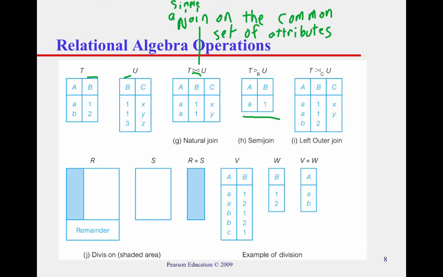So in this case, we joined T with U but only kept the columns from T. So it's a semi-join because we, in essence, discarded all the information from U. But you see, we only included in the result here the tuple in T that had to match some tuple in U. Otherwise, like B did not get in because it did not match any tuple in U.